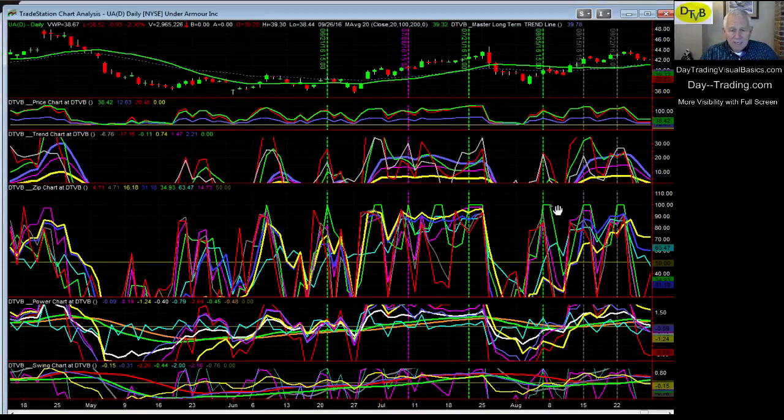Even the next day, when zip green remains at 100, the zip red went from 84 on that day. The second day zip green was at 100, zip red was at 35. So it dropped 50 points in one day, and it gapped up.